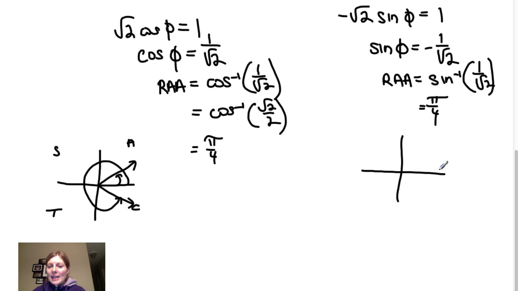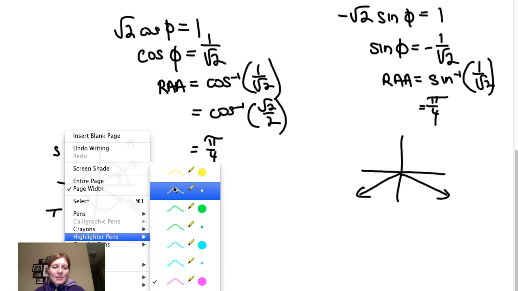But in this case, this has an expression that's negative. So that means we ask ourselves, where is sine negative? Well, it's negative in the T quadrant and in the C quadrant. So we have to say, where is it the same? Where is this phase shift going to be the same in both equations?